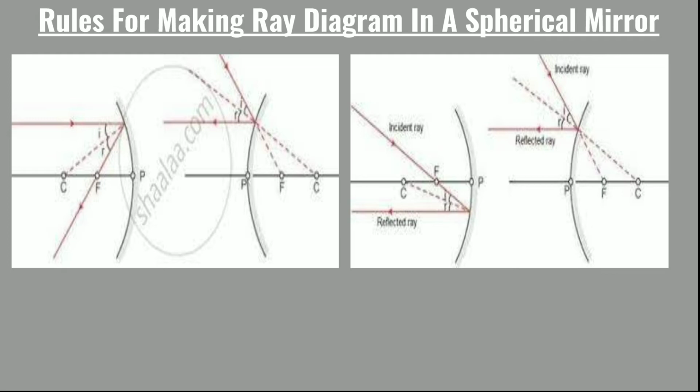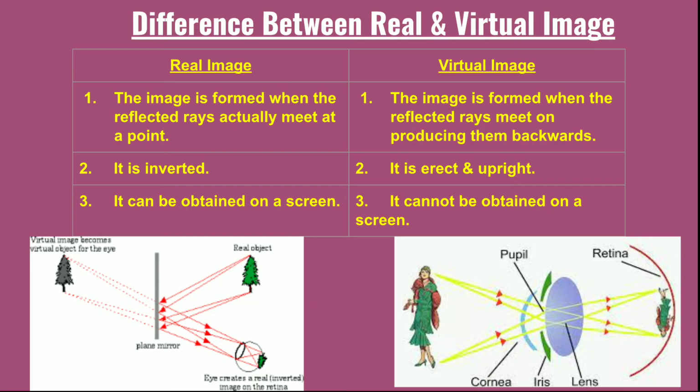So this is the second convenient ray, and the third one is this one. If it passes through the focus, it becomes parallel to the principal axis, or if it appears to pass through the focus, it will become parallel to the principal axis. So these are the three convenient rays we are talking about.